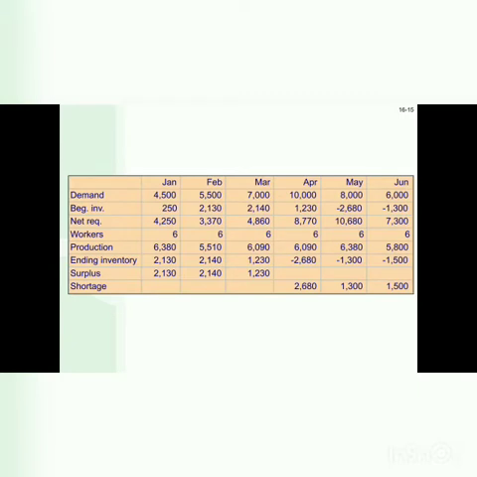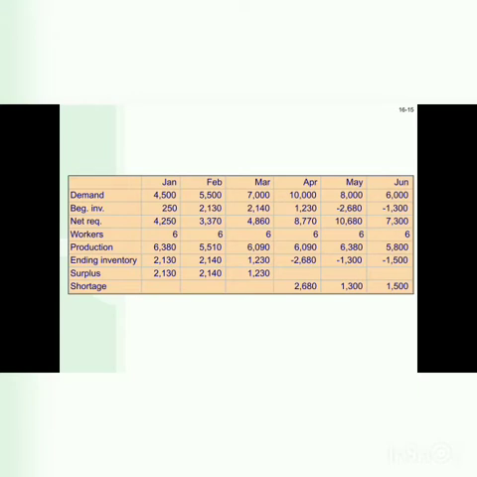Now what will change? Demand will be same, beginning inventory is same, net requirement in the month of January is 4250, but our production capacity has gone up, so we will be producing 6380 units with this workforce. Ending inventory is 2130, and the surplus is 2130.